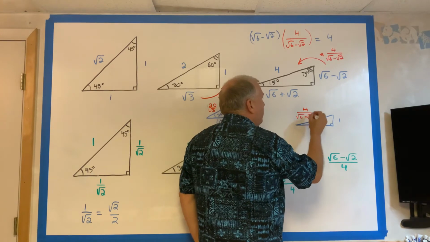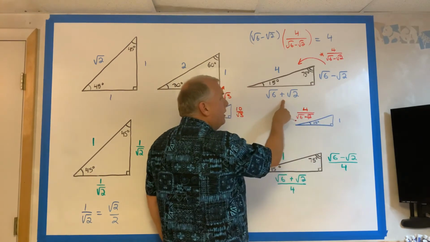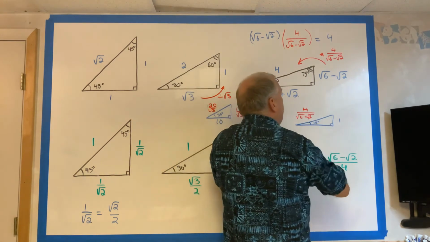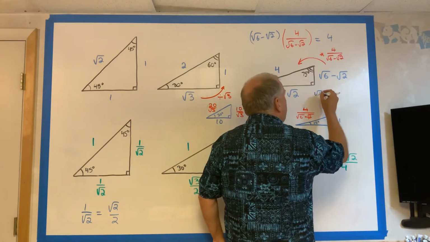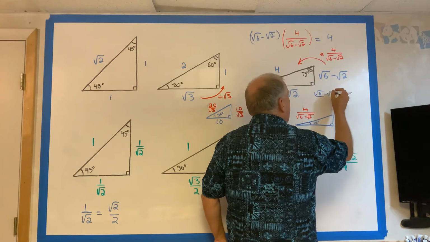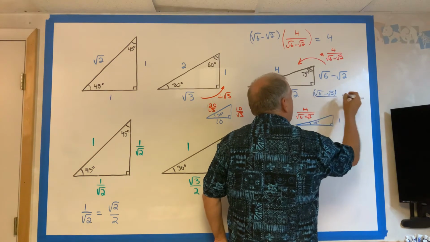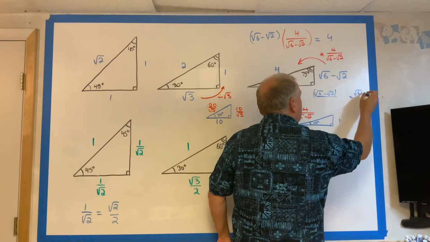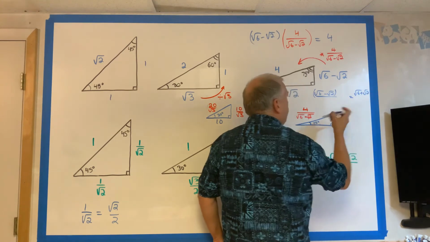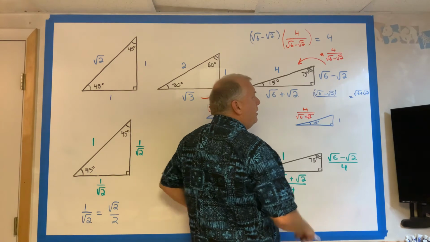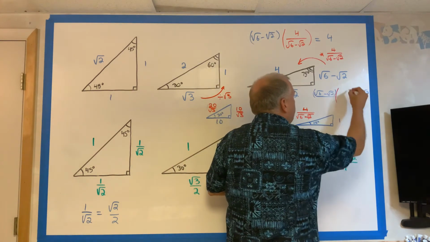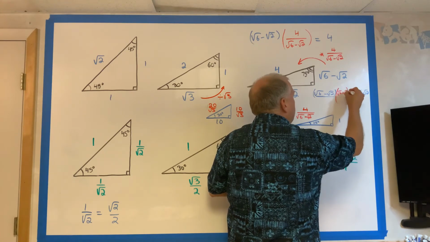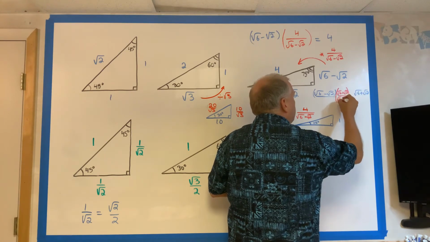How do I go from the short leg to the long leg? If I want to go from root 6 minus root 2 to root 6 plus root 2, I must multiply by root 6 plus root 2 divided by root 6 minus root 2.